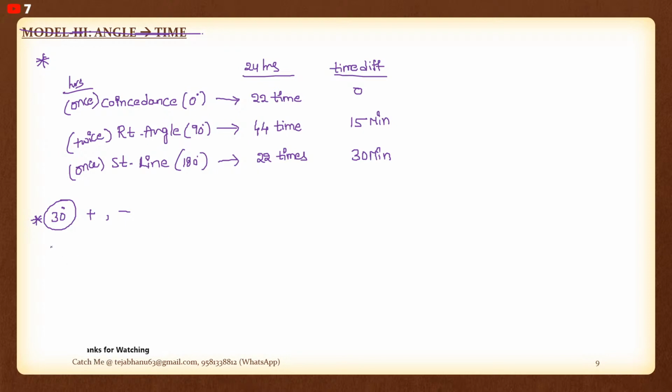If they ask at what time both hands are at 45 degrees, for the plus value you will get one time and for the minus value one time. So try to do it like that, with the help of these concepts.